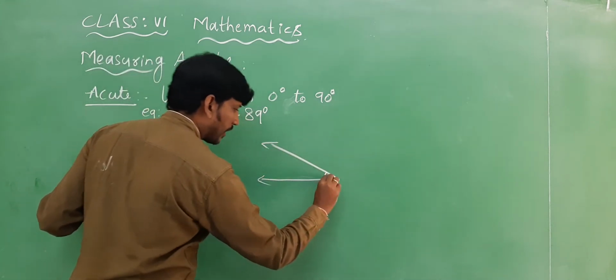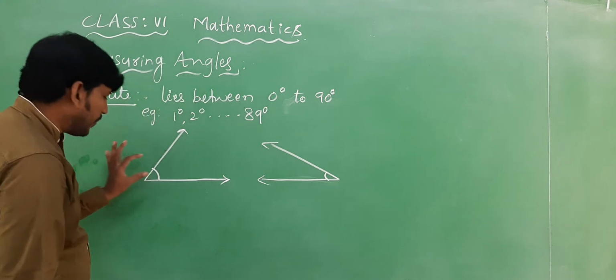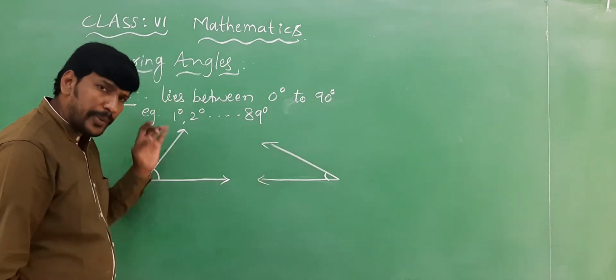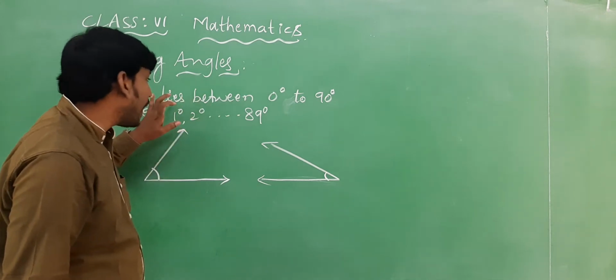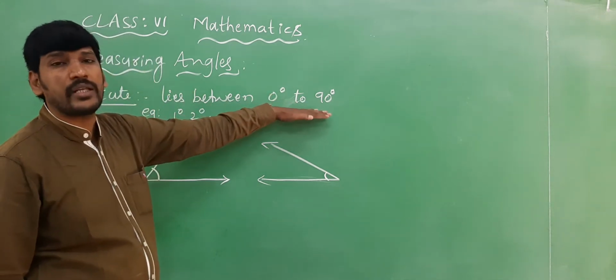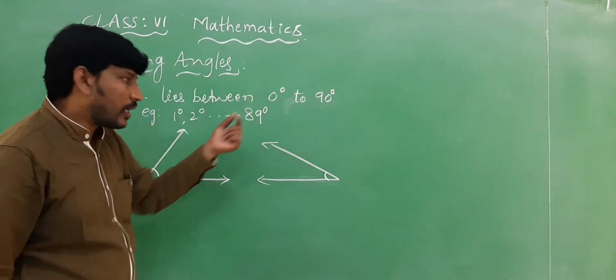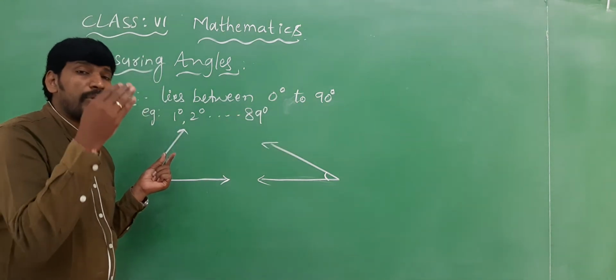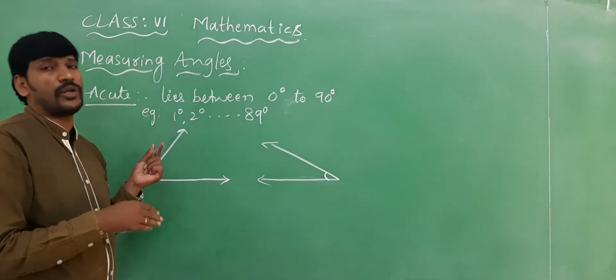This is an angle. Okay? It should be very small. Observe here, very small. Keep it in mind always. The measure of an acute angle is always between 0 to 90 degrees. So whatever you measure, you will get the angle below 90 only.